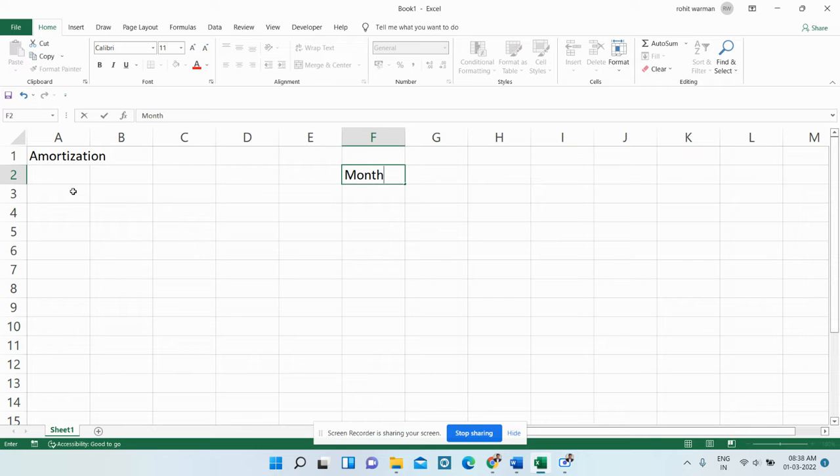Suppose the month is March, so we start from March 21, then April 21, and so on. Then we have the principal, the borrowed amount. I'll put principal in beginning of the month.